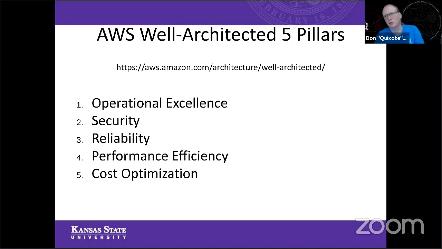Those are operational excellence, security, reliability, performance efficiency, and cost optimization. Those are well documented, so I'll leave it up to you to go look at them if you aren't already familiar. And if you're an Azure person or a Google person, these apply to every cloud experience and not just AWS. So it's a good resource for everyone.